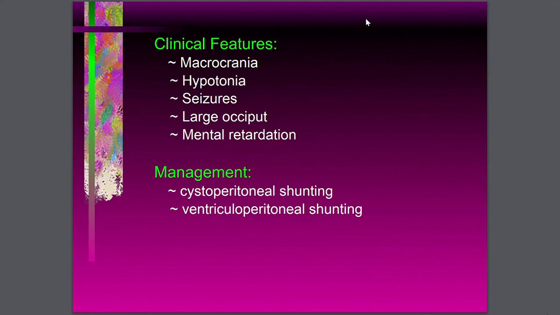So the manifestation, the patient will have a big head, especially at the occiput, no? So when you look at the child, usually the child will have a prominent occiput. The patient may present with hypotonia, seizures, and there is mental retardation and the big head. So management is cystoperitoneal shunting.